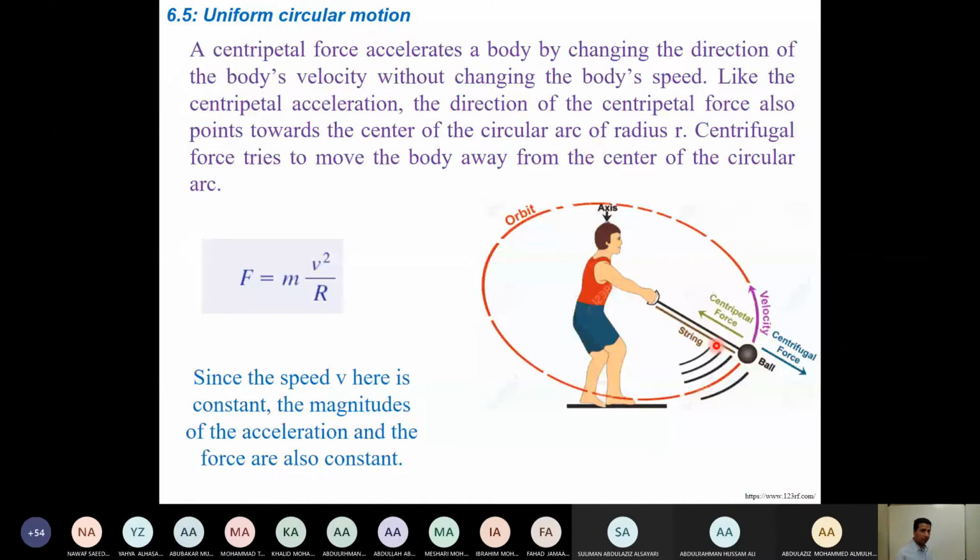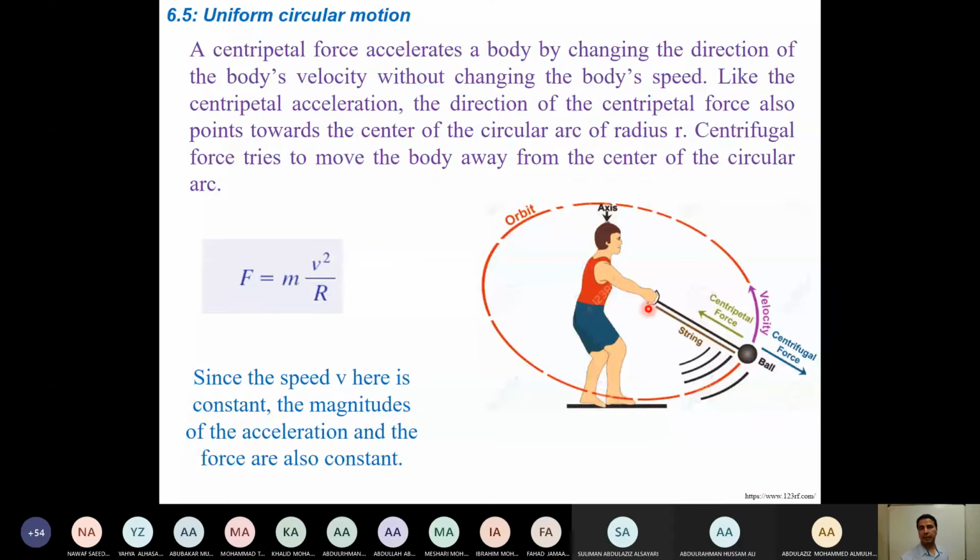Now, in this diagram, there is a guy holding a heavy ball attached to a string, and he's holding it by the string and rotating it. So he's rotating it around himself. This path of the ball is called an orbit, or you can just say a circle.